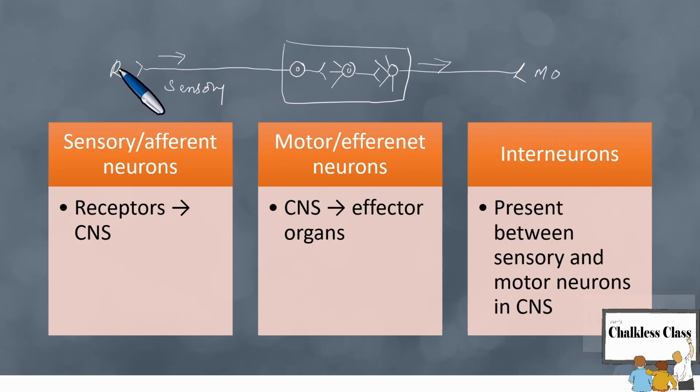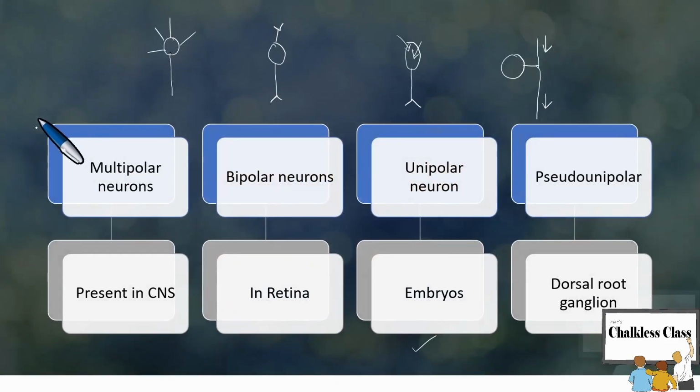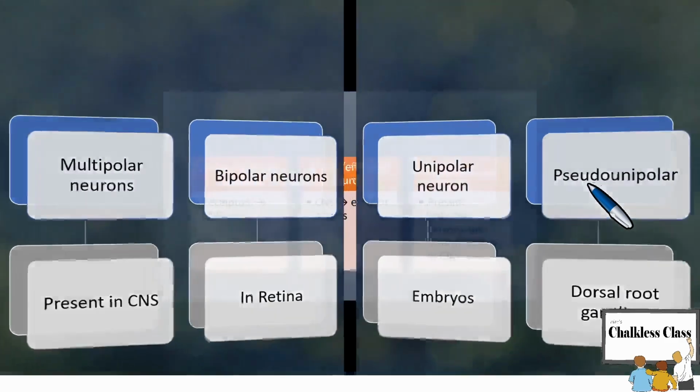This path of nerve impulse is called the reflex arc. That is about the classification of neurons on the basis of their function. Functionally, these are sensory, motor, and interneurons. Structurally, these are multipolar, bipolar, unipolar, and pseudo-unipolar neurons.